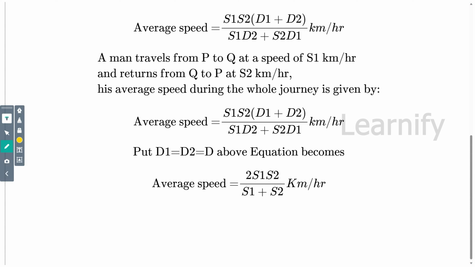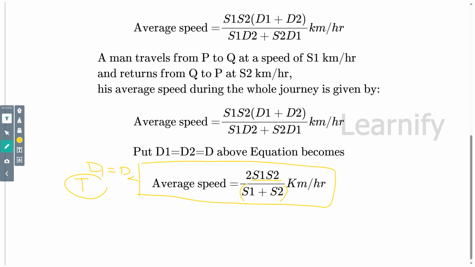Now, average speed, if D1 equals D2, is 2 S1 S2 upon S1 plus S2. You apply this formula if D1 equals D2. Please observe that in the whole scenario, the time factor is not given.